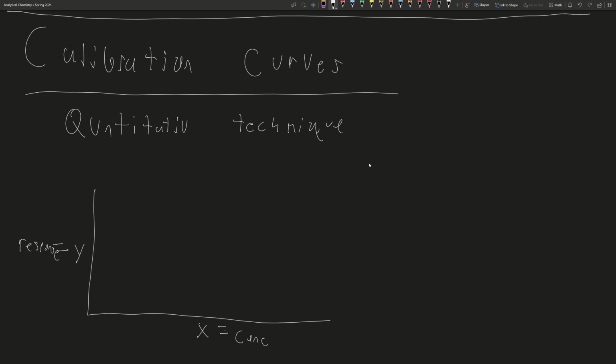In the case of UV-Vis, which we did last week, our sample will hopefully absorb light in a specific region. So we have our machine shine light into our sample, and our sample will absorb a certain quantity of that light, and the remainder of that light will pass through the sample.